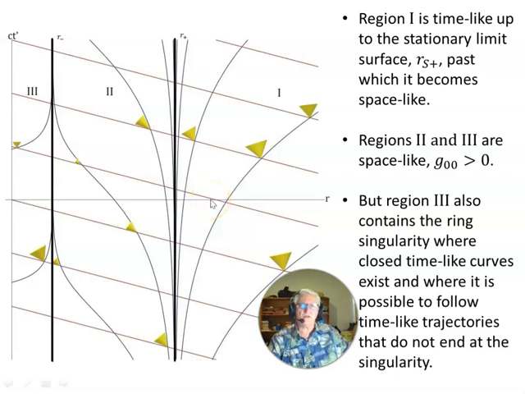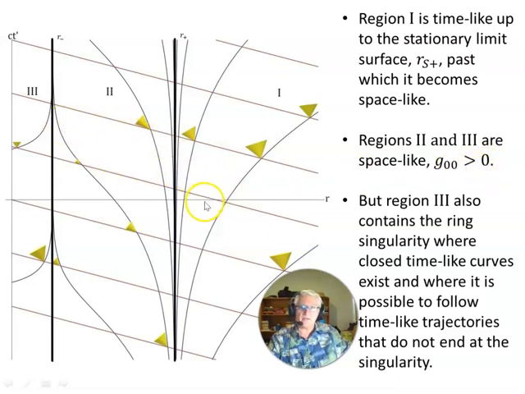At that edge, maybe a little bit further out, the region from that edge in becomes space-like, right? Regions 2 and 3 are space-like, so g00, the time component of the line element there at the front, becomes positive, okay?